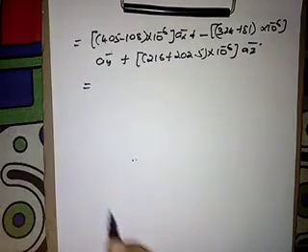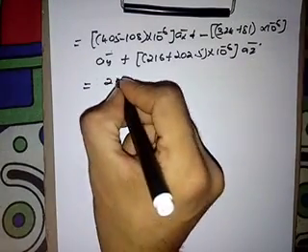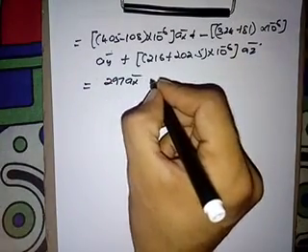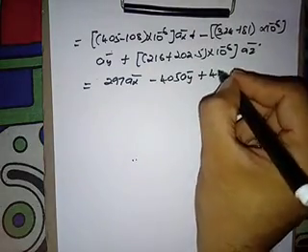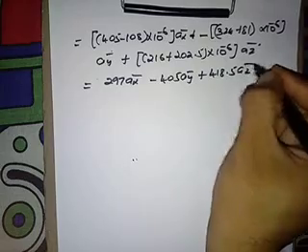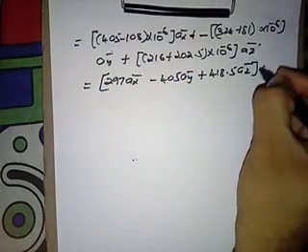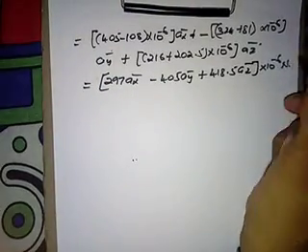On further simplification, this comes out to 297 ax bar minus 405 ay bar plus 418.5 az bar, this into 10 raised to minus 6 newtons.